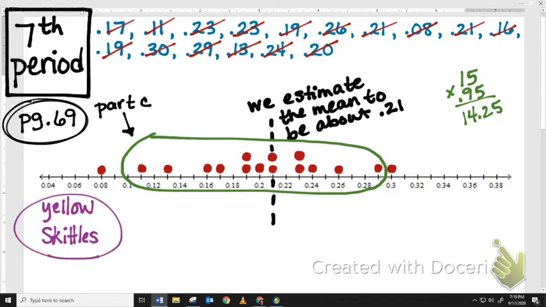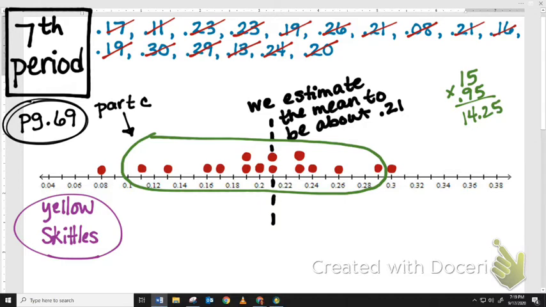So looking at this, what kind of trends do you notice? Is it very, very spread out? Is it all clustered together near a certain value? Is there anything that surprises you when we see this? It's kind of spread out, right?